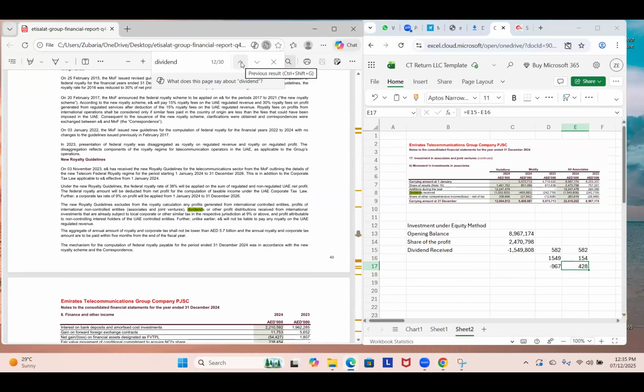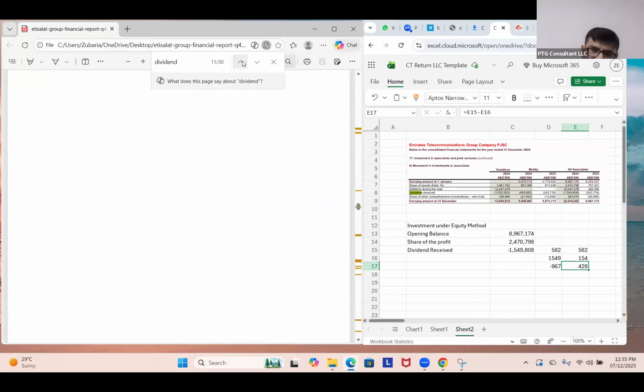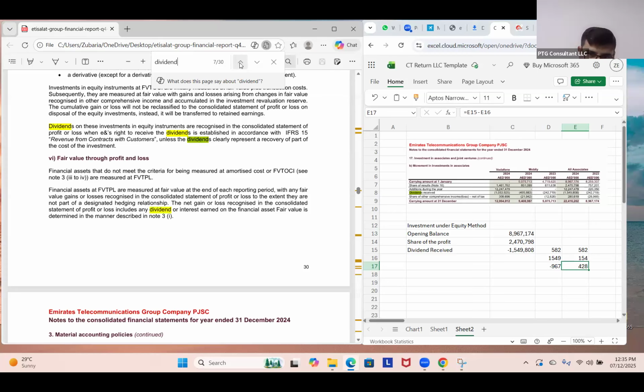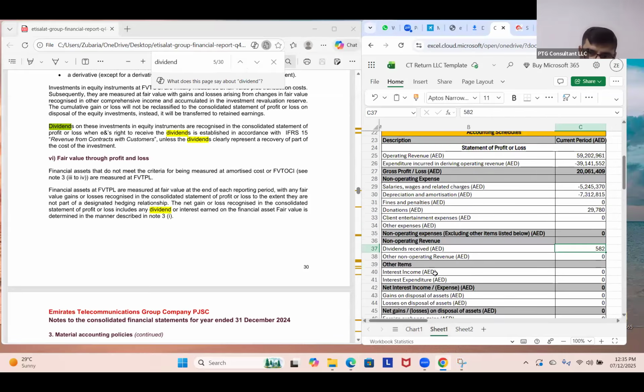We would have to read all the notes and disclosures to reach that point, which is the normal practice. But let's assume 582 is the net figure received during the year, so we can move forward and the main concept will be clear.